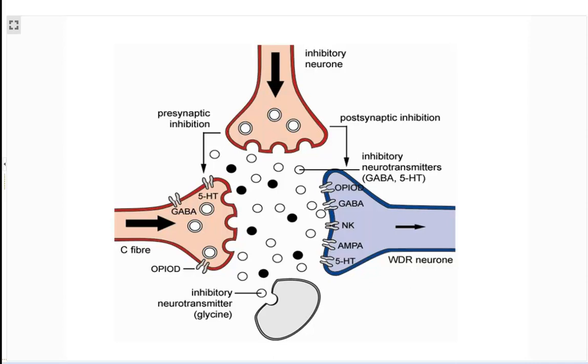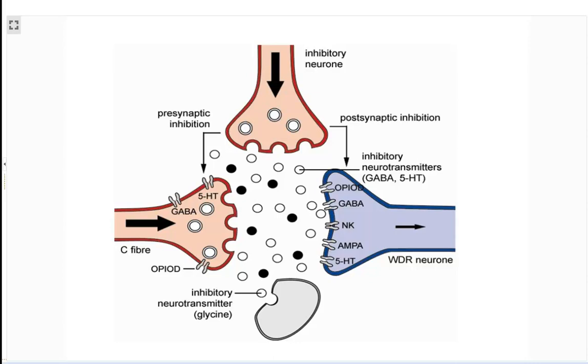So what we are able to do is, with a signal still coming in along this C fibre on the left, if we look up at the inhibitory neuron, we are able to increase the production and increase the release of particularly GABA, which acts to suppress the volume.